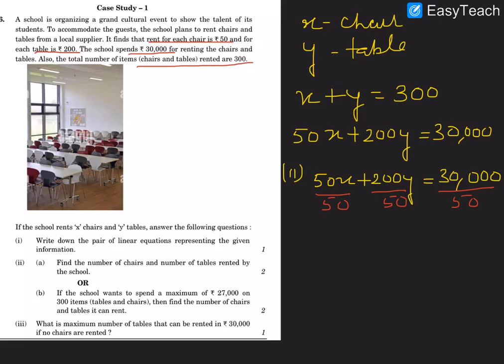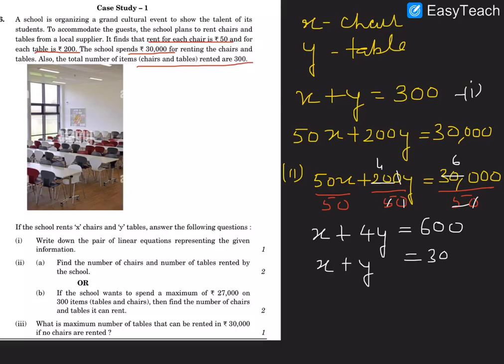So you will get x plus 4y equal to 600, and the first equation is x plus y equals 300.